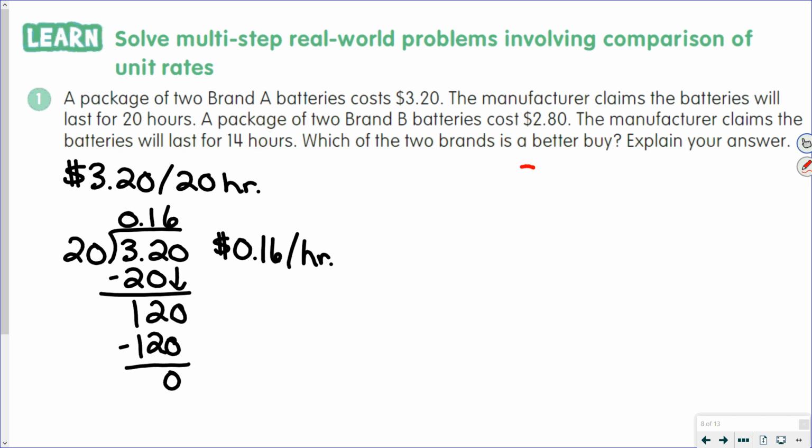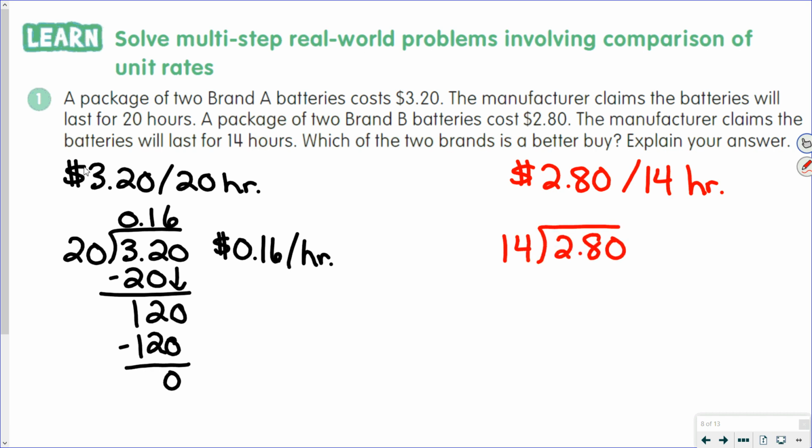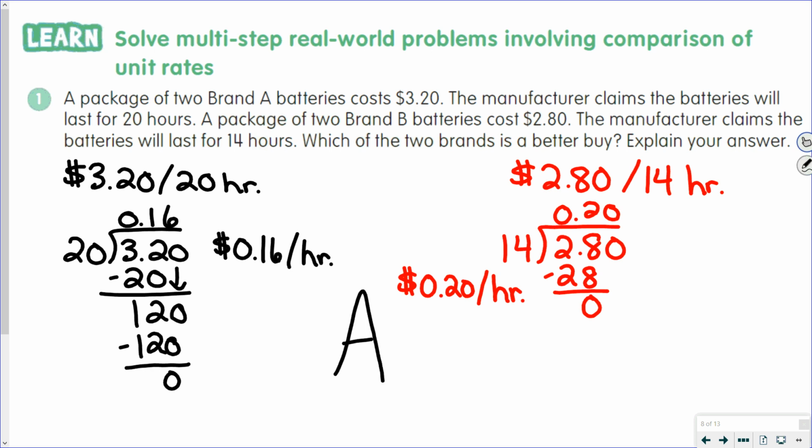So brand B is $2.80 for 14 hours. So we figure out our cost per hour. And we find that brand B costs us 20 cents per hour. So our choice is brand A because we're going to pay less per hour than we do for brand B.